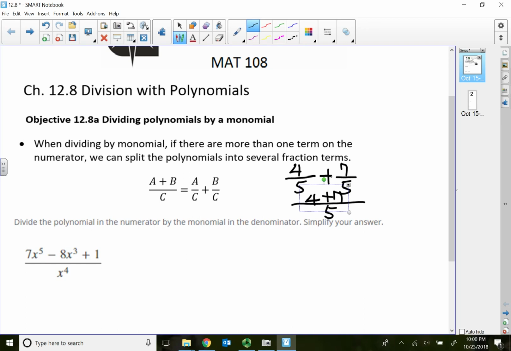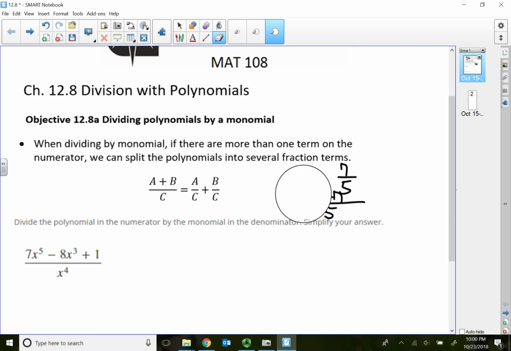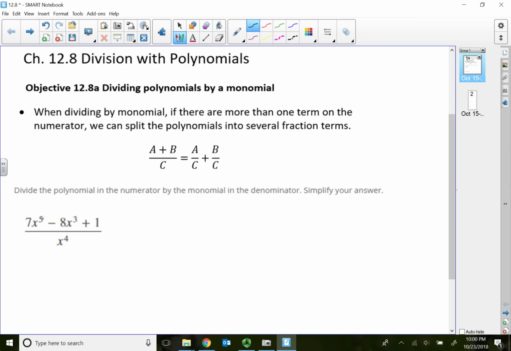The reason I'm able to do that is because the two numerators share the same denominator, so I can just write it once. I'm putting two terms together as a single term. But now what I'm doing is splitting them up. I'm also able to split them up with the same divisor or denominator. And because I'm able to split them up, we can quickly divide them just by looking at them.